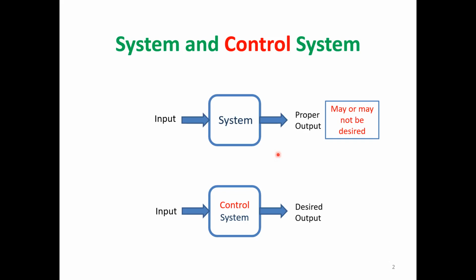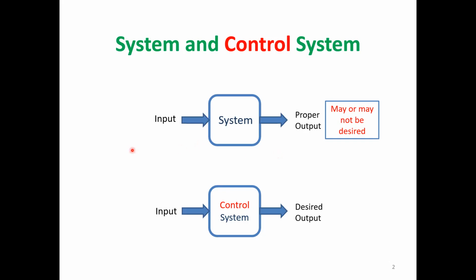It is not fixed. Maybe the goalkeeper blocks the ball, or maybe he misses and it would be a goal. Maybe the striker kicks the ball over the goal. So it is one kind of system. He kicked the ball, but the output may or may not be desired, meaning the goal is not fixed.